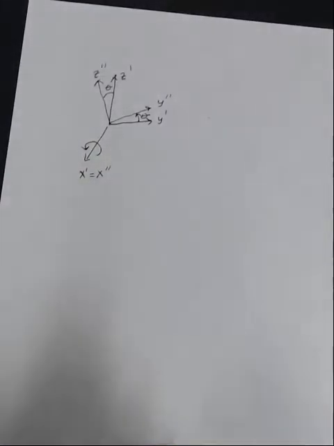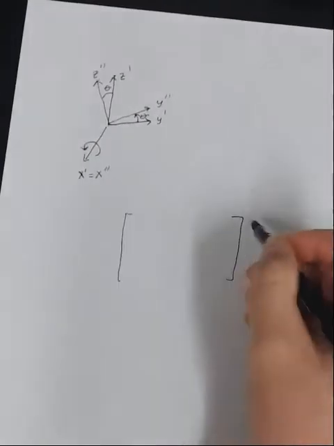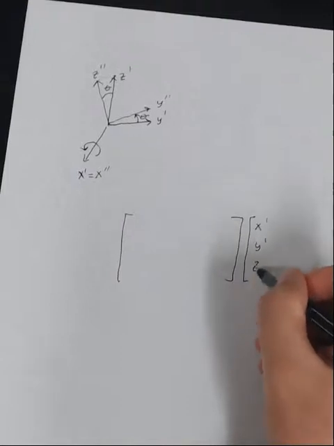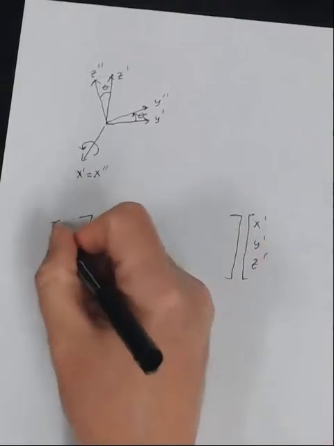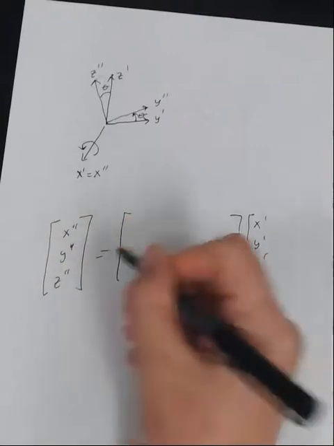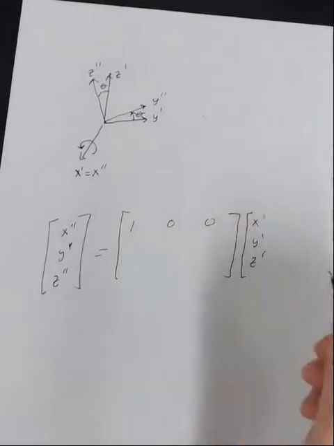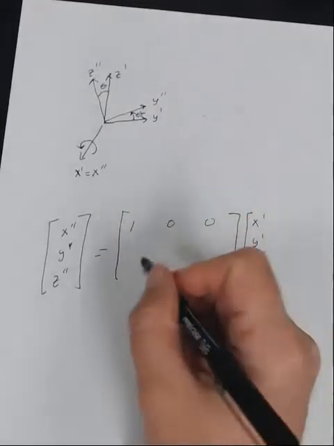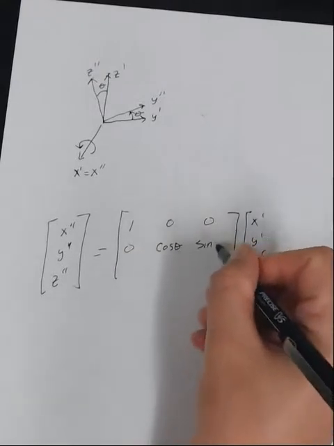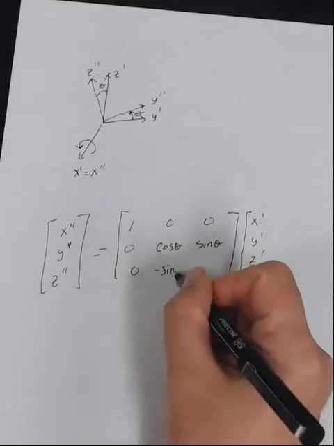So to do that rotation, now you're acting on x prime, y prime, z prime. And you're going to end up with x double prime, y double prime, z double prime. And that's going to be, so x isn't changing, y changes, and you can check this, but it's going to be cosine theta sine theta for y, and for z is going to be 0, negative sine theta.